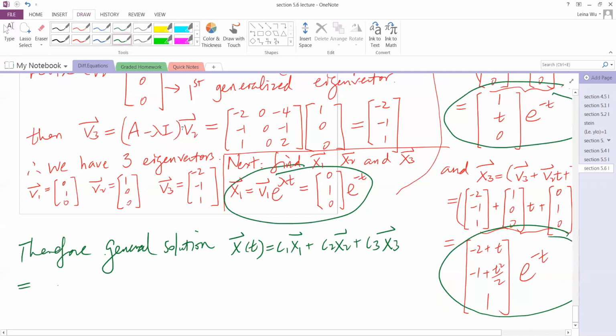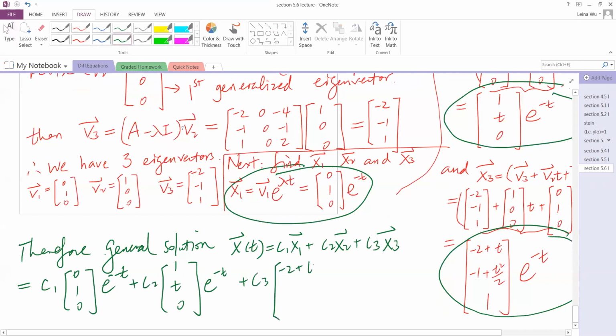That'll be c1 times (0, 1, 0) e to the negative t, plus c2 times (1, t, 0) e to the negative t, plus c3 times (negative 2 plus t, negative 1 plus t squared over 2, 1) e to the negative t.